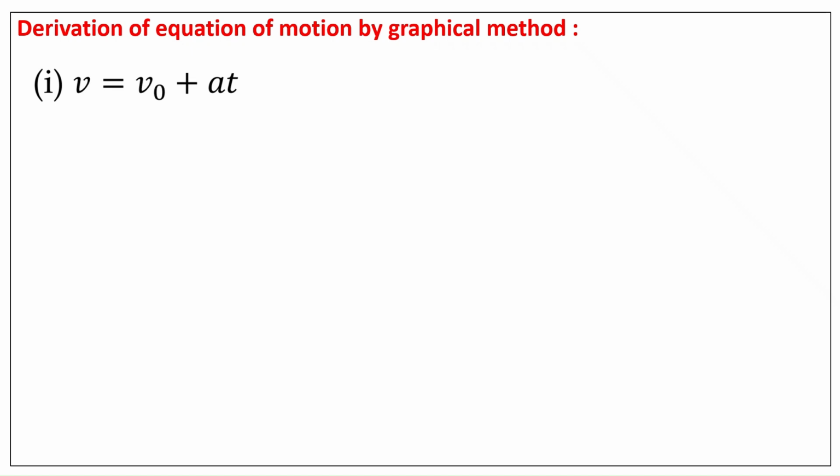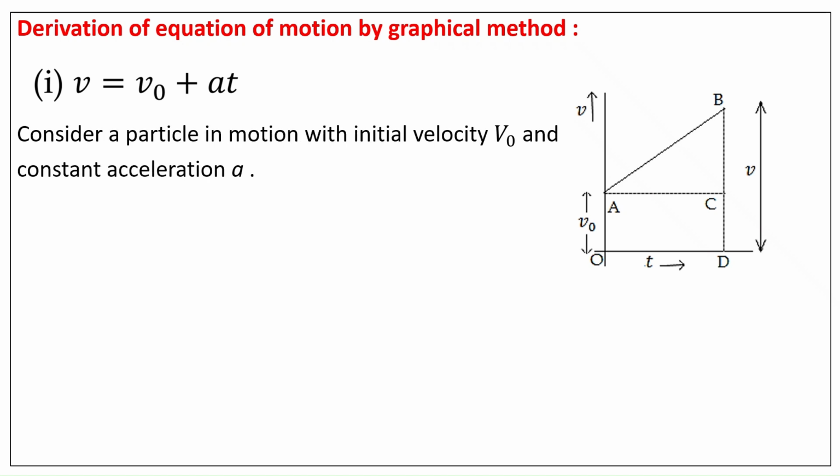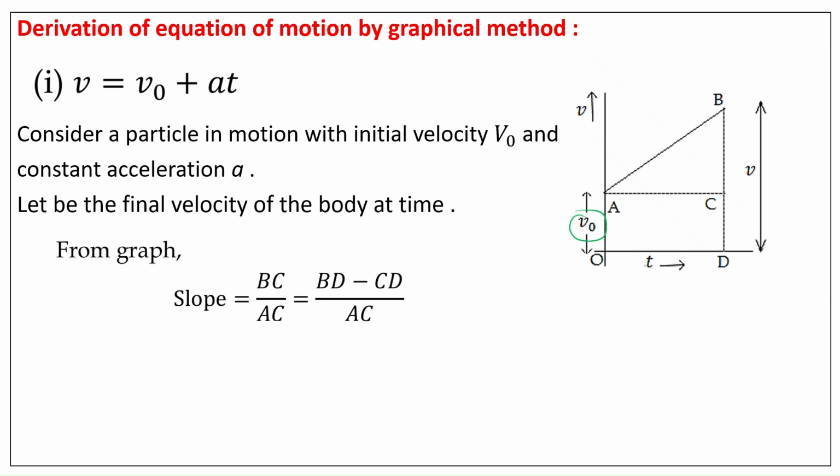1. v is equal to v0 plus at. Consider a particle in motion with initial velocity v0 and constant acceleration a. Let v be the final velocity of the body at time t. From the figure, slope is equal to bc by ac, which can be written as bd minus cd by ac.